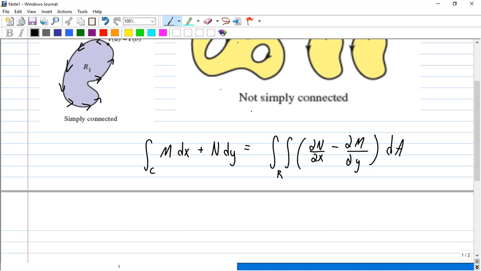Alright, so I'm going to show you a few figures here. One figure is going to be vertically simple, and the other's going to be horizontally simple.